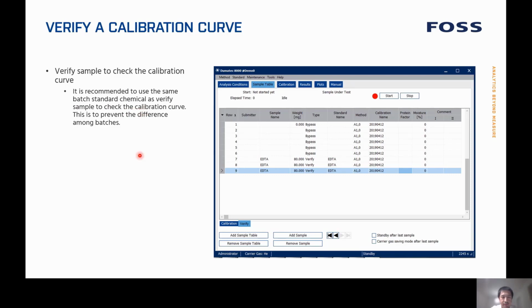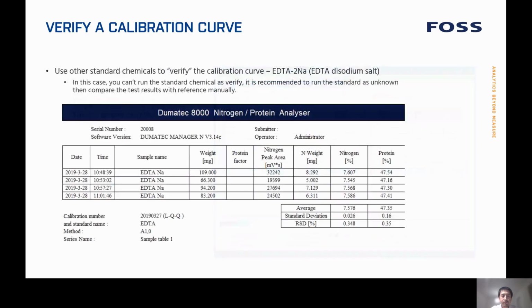This is to prevent differences among batches. You can also use another standard chemical to verify the calibration curve, for example this EDTA disodium salt. But in that case, we don't recommend you use the standard chemical in the sample table, but run it as unknown.